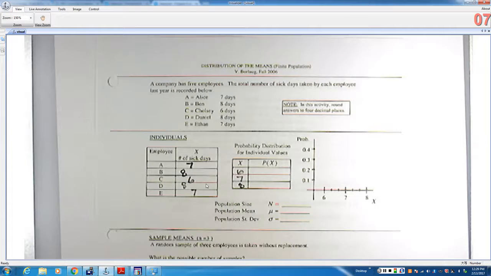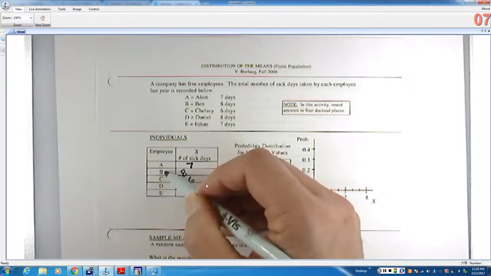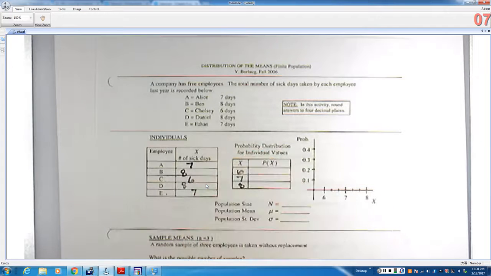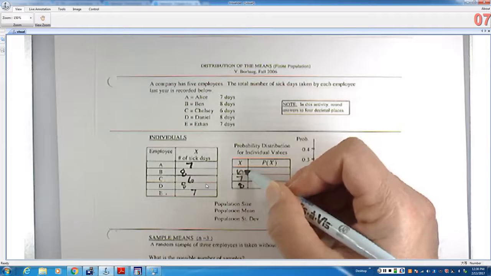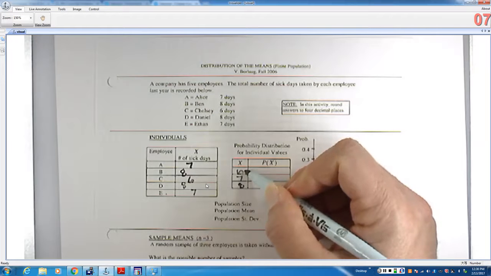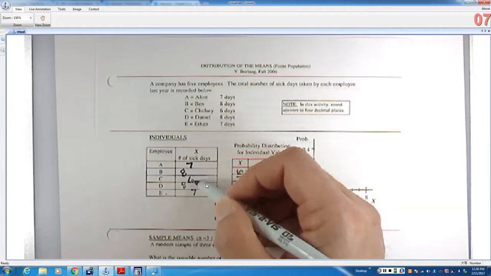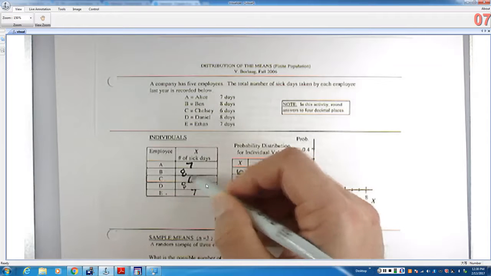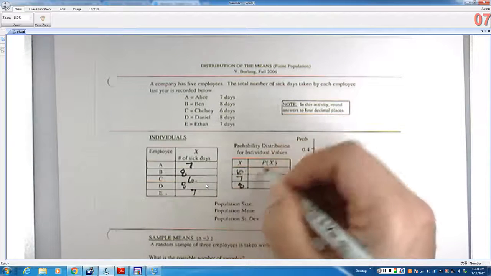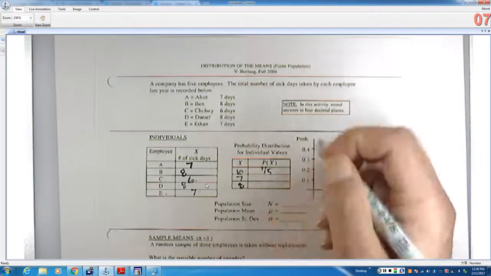So now we want to find the probability. You have 1, 2, 3, 4, 5 people. So the probability of missing 6 days is 1 divided by 5.